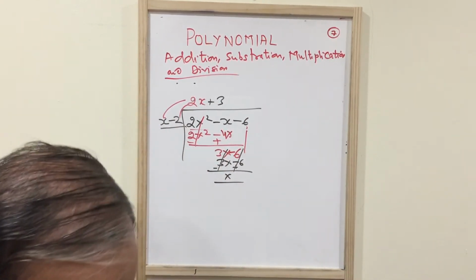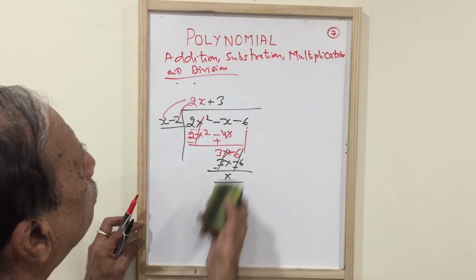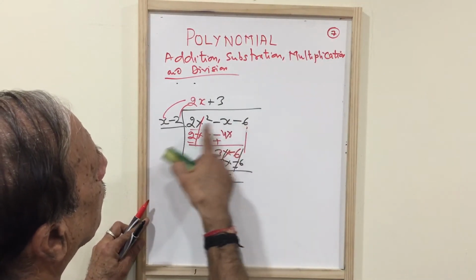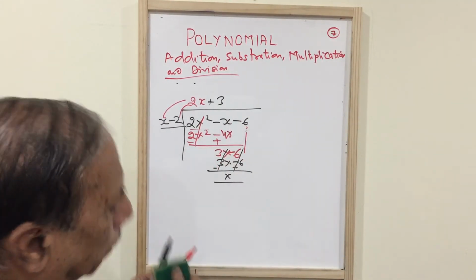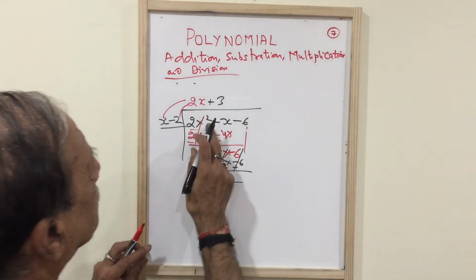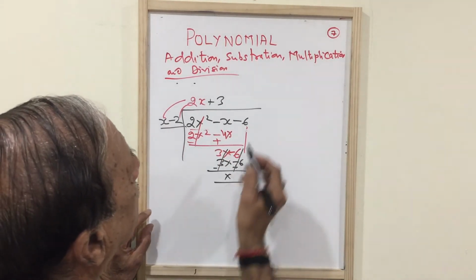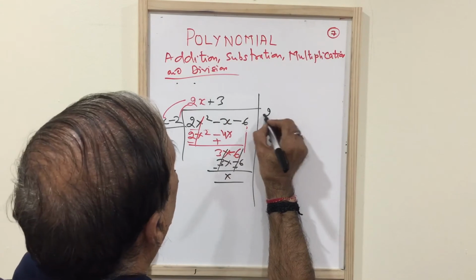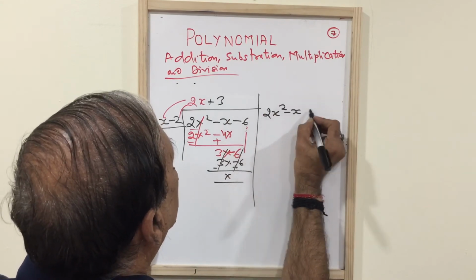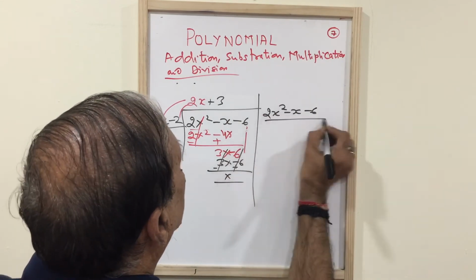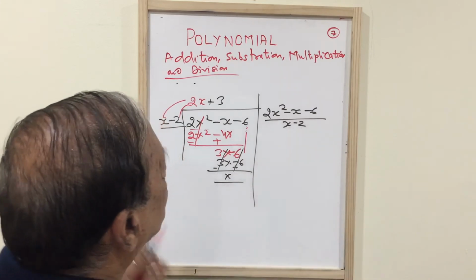Or you can do one thing also, you can take out the factors of this equation, and with this you can divide. I'll tell you how. 2x square minus x minus 6 divided by x minus 2.